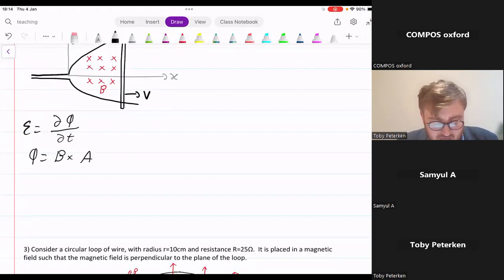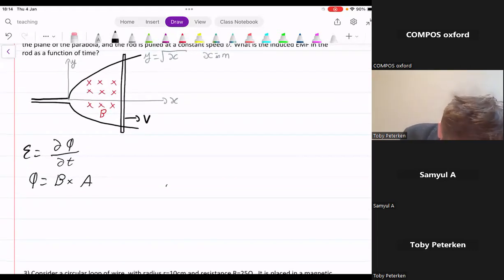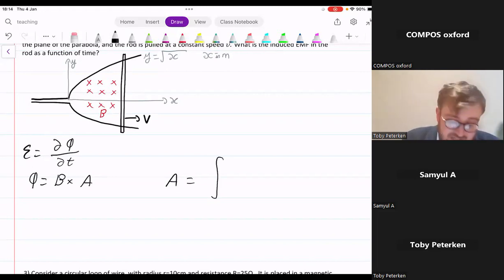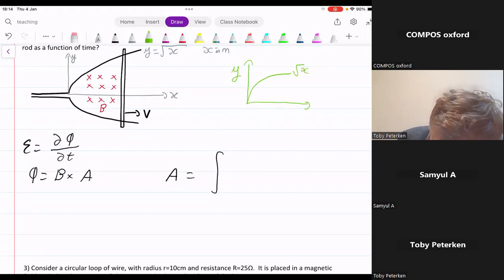So how do we work out the area? This is a curved shape. If we think about it, we've got y, x, and the graph is the square root of x. And we want to integrate and find this area here.